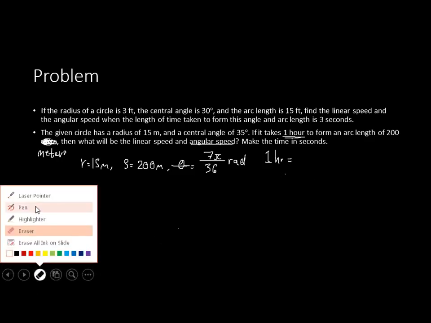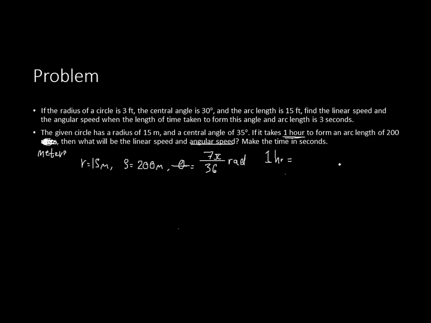Let me just write it here. 3,600 seconds. With that, we can now find our answer. Our linear speed is S over T, right? Your S is your arc length, so 200 meters all over the time, which is in seconds, 3,600 seconds.